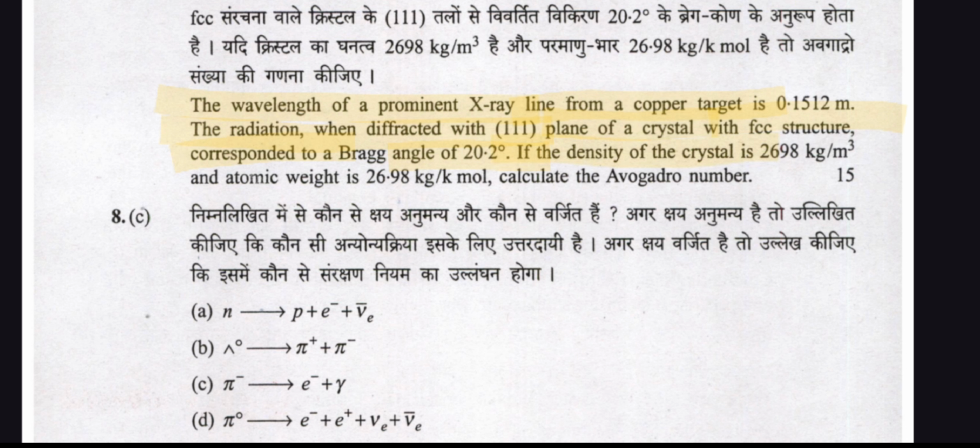If the density of the crystal is 2698 kg per cubic meter and the atomic weight is 26.98 kg per kilomole, calculate the Avogadro number.